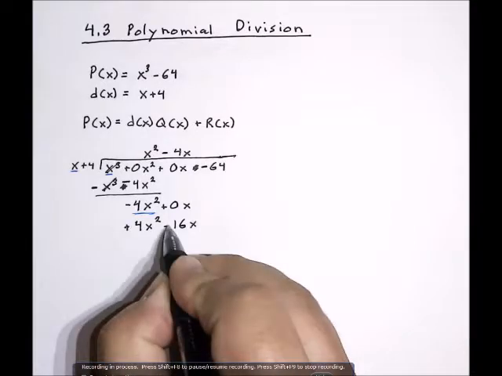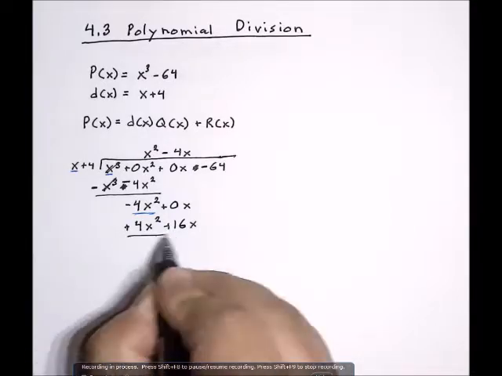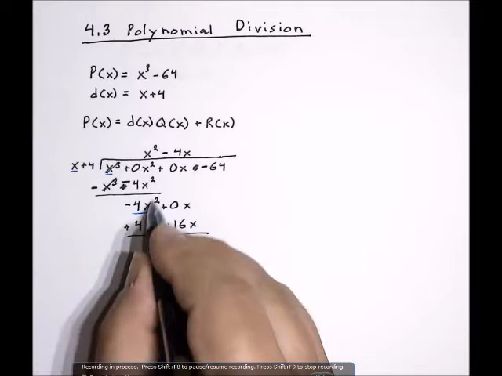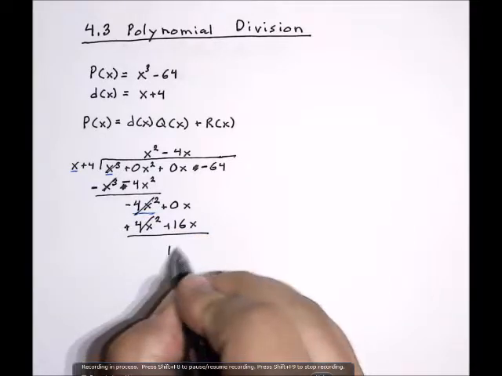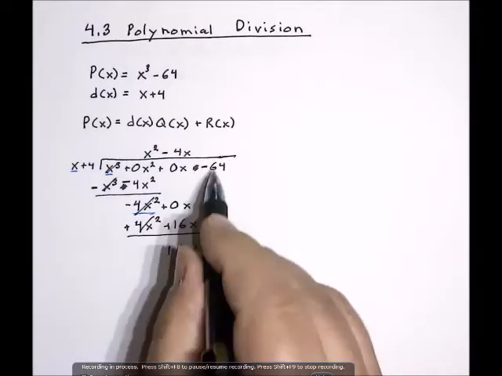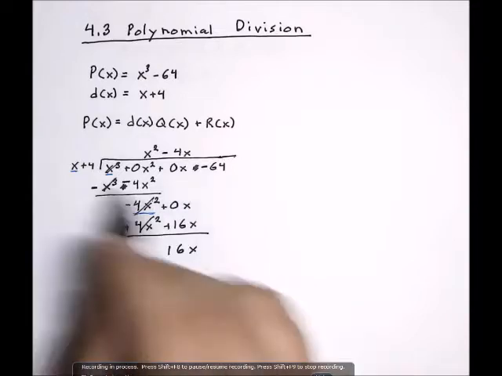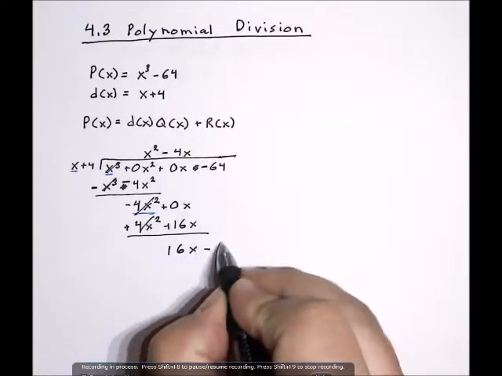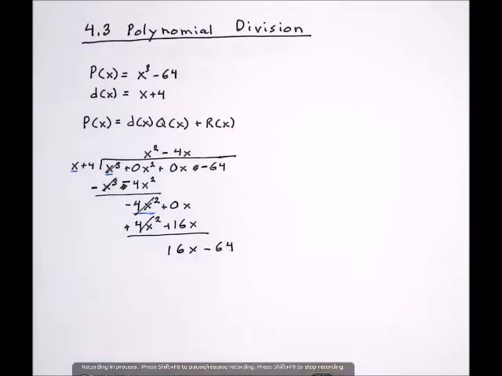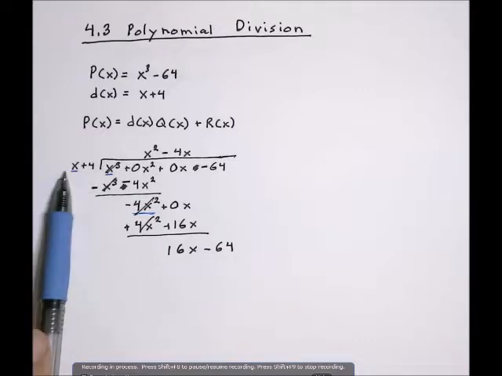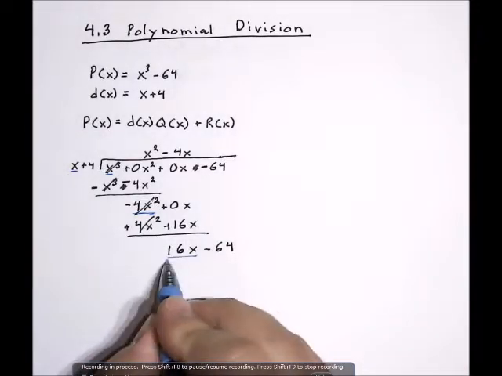Change the sign on both of those. Add them together. And bring down the next term so we have as many terms down here as we have here. And now the same thing again. I'm looking at this term and this term.